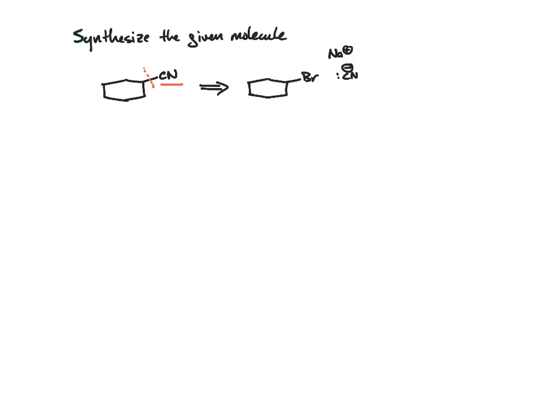And so how do we get that bromine there? We know that we can do a CH substitution with bromine and light.